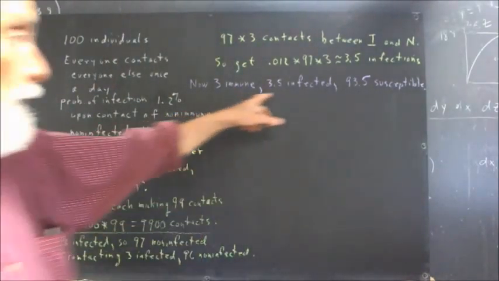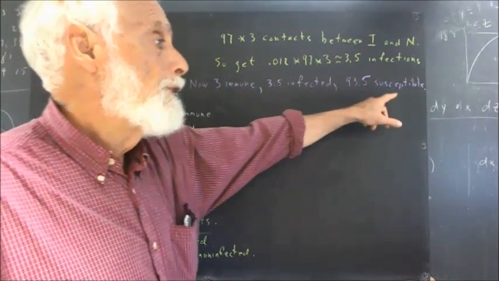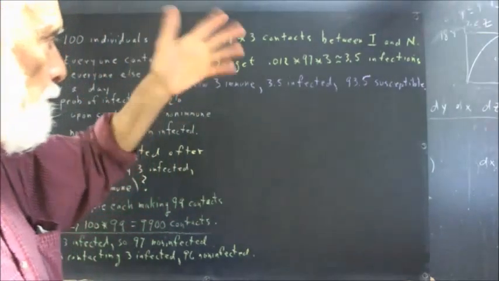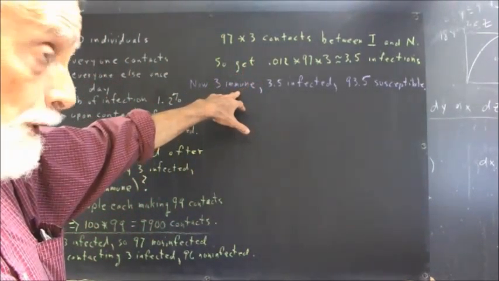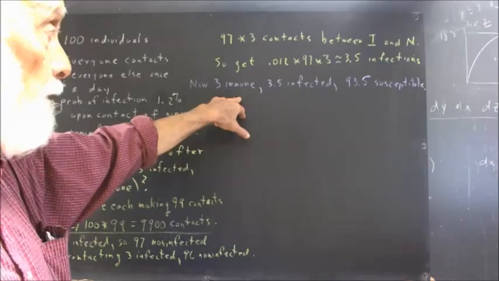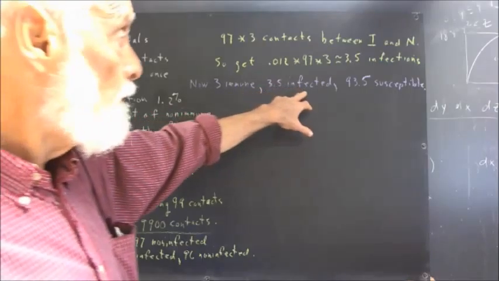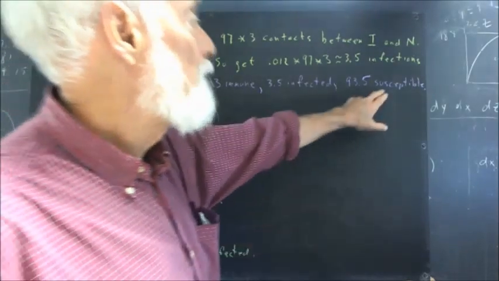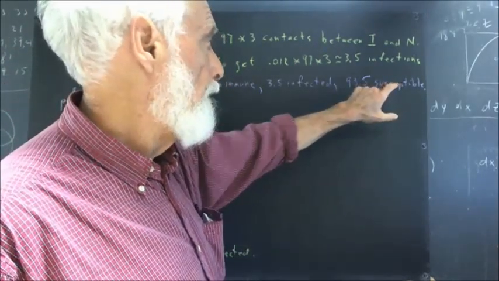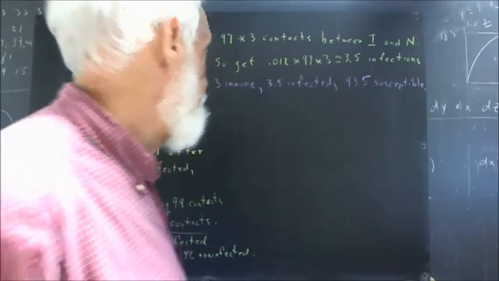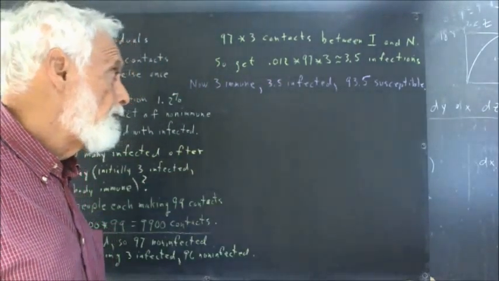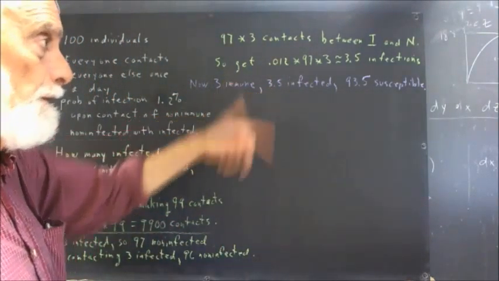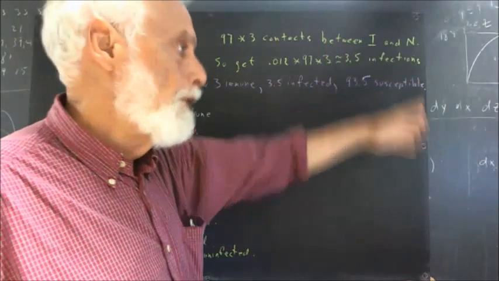Okay, 93.5 are susceptible. So now we're going to have three categories. We're going to have immune people who've had the infection and recovered, infected people who can infect others, and susceptible people, people who haven't been infected and are not infected.